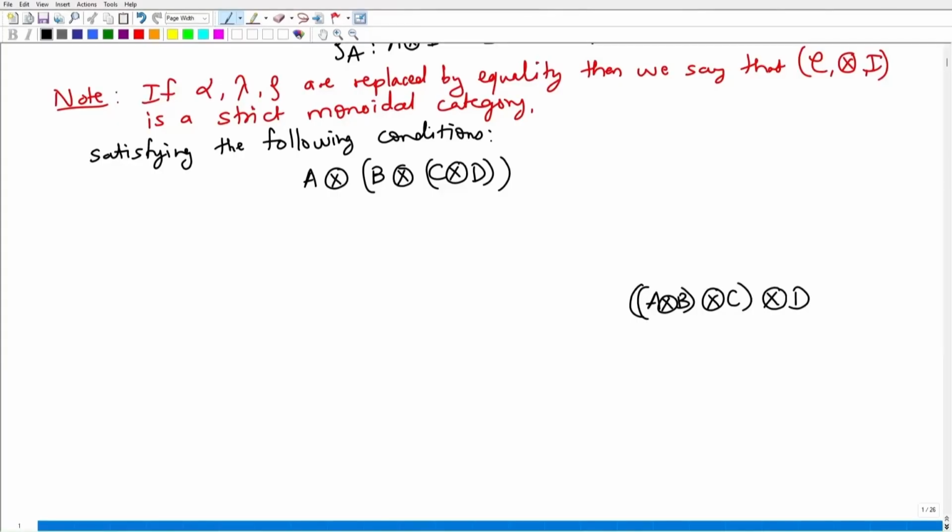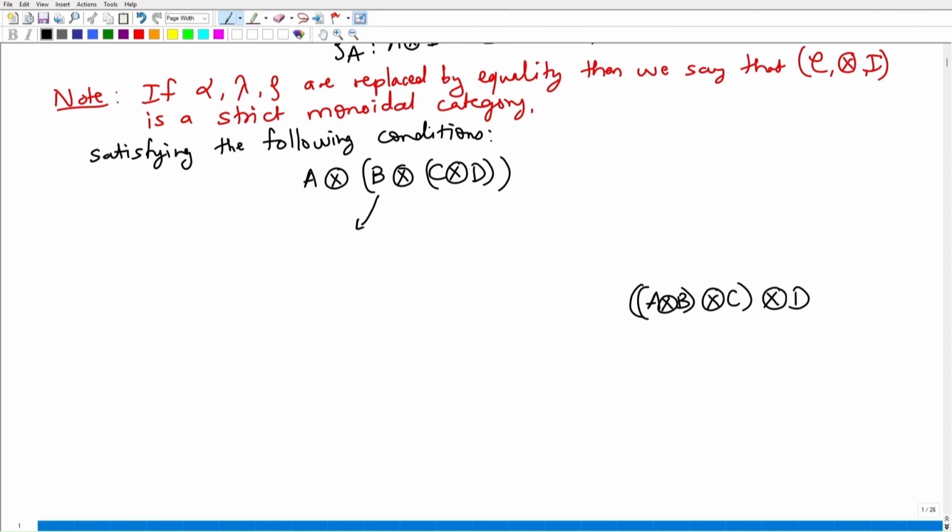We have to simply change the parentheses, and we can change parentheses of 3 components at the same time. That's what alpha does. Very good. Identity comma alpha.